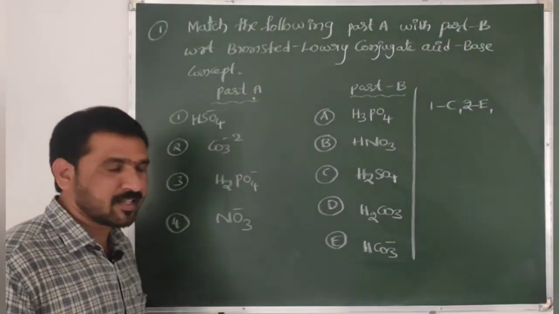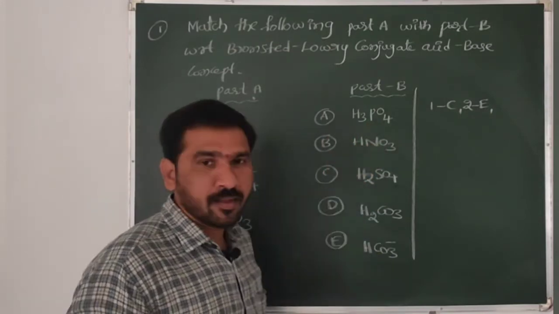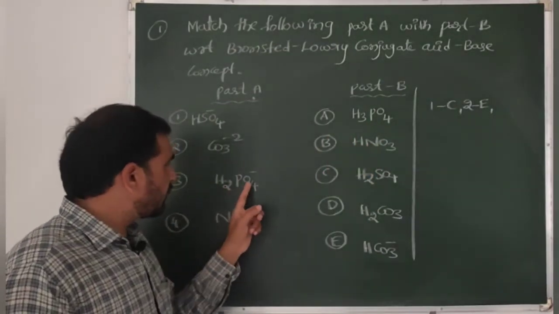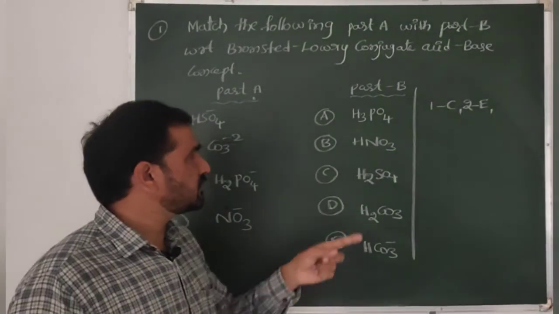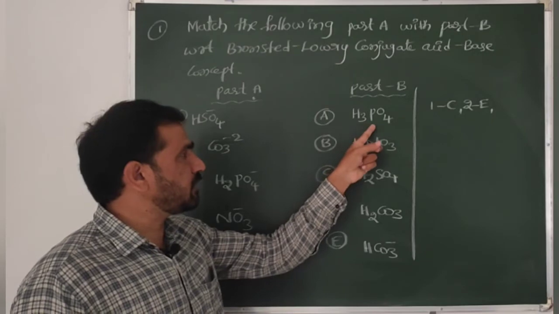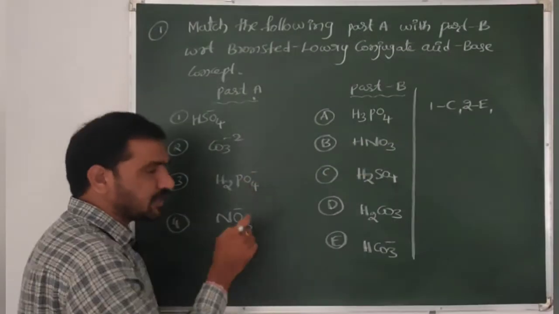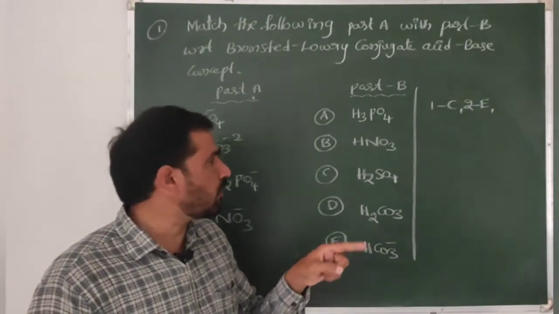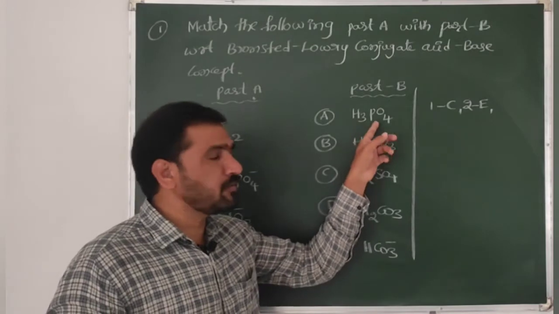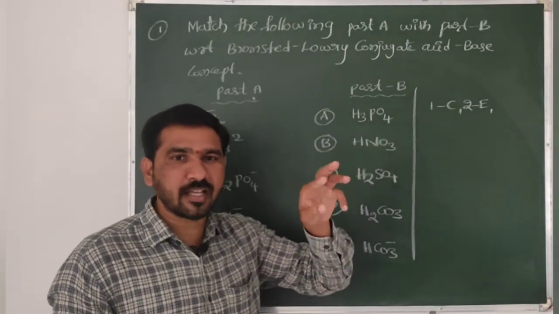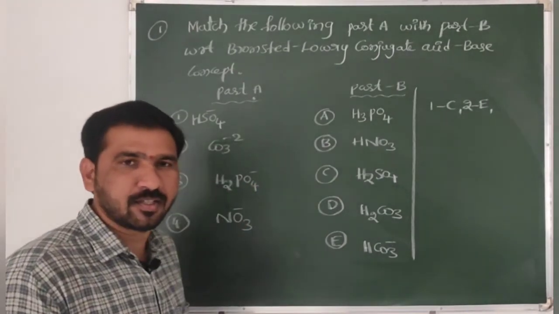Then coming to the third one, H2PO4 minus. In this, phosphorus is there, here A. When H2PO4 minus accepts one proton, it converts into H3PO4. It means H2PO4 minus is the conjugate base of the H3PO4 acid, or H3PO4 is the conjugate acid of the H2PO4 minus base. Is it clear, beta?